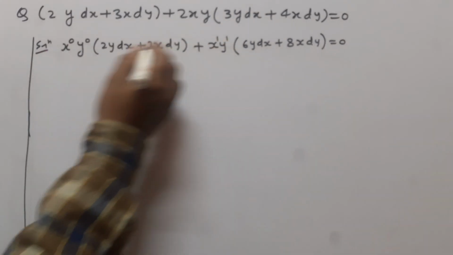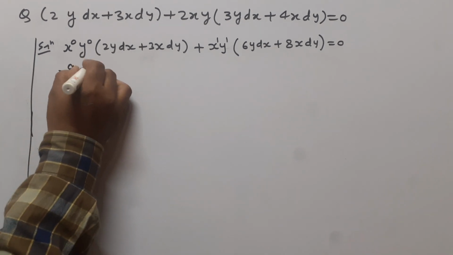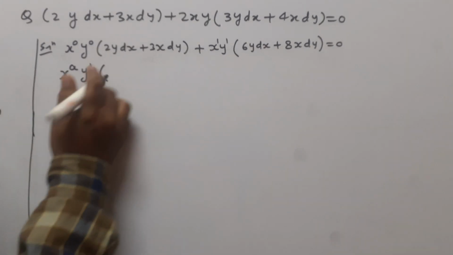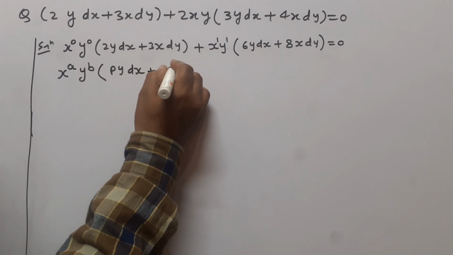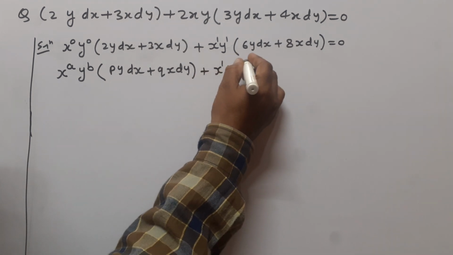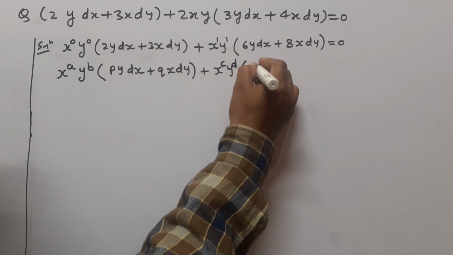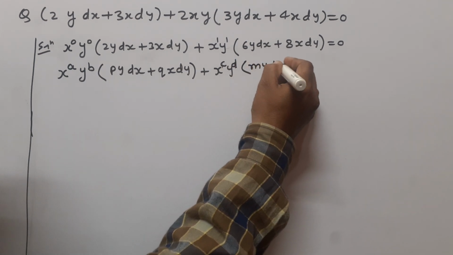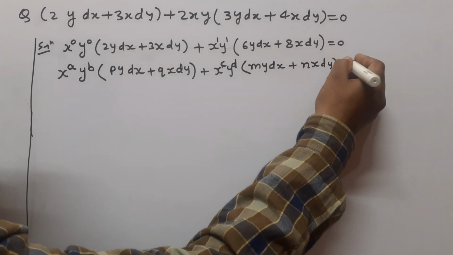We can see this is the equation of the form x^a y^b (py dx + qx dy) + x^c y^d (my dx + nx dy) = 0.